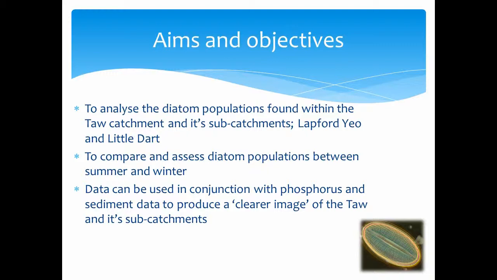The second objective was to make a seasonal comparison, so not only collecting data in winter, but also in summer, to see then how the populations differed. And then this data can then be used in conjunction with phosphorus levels to then see, has it got better, yes or no.